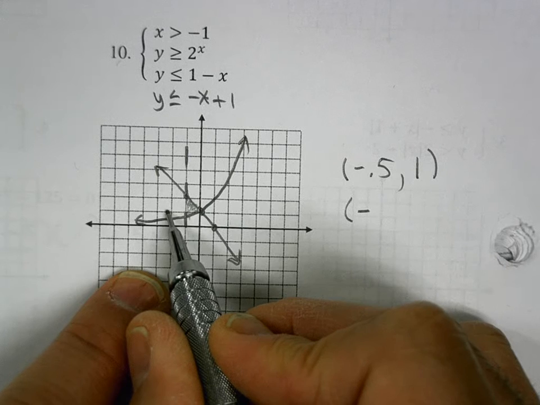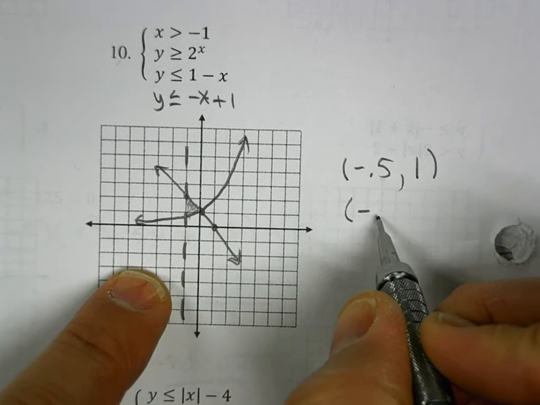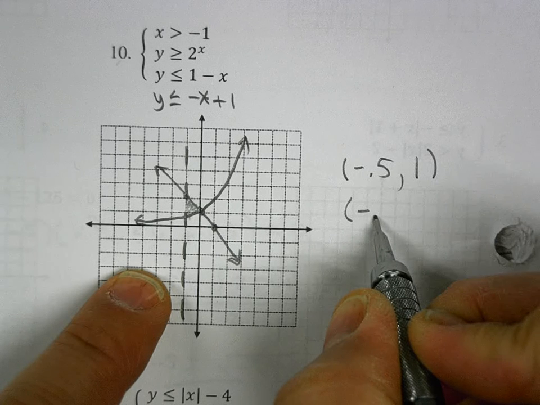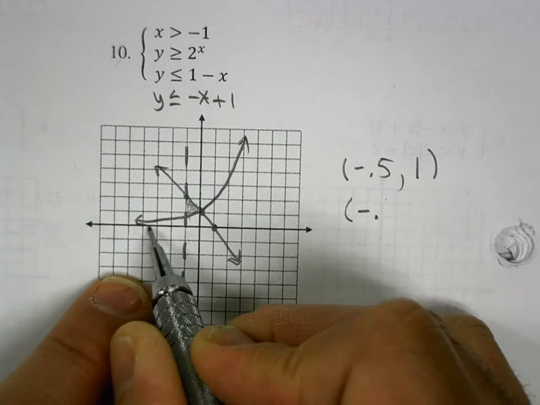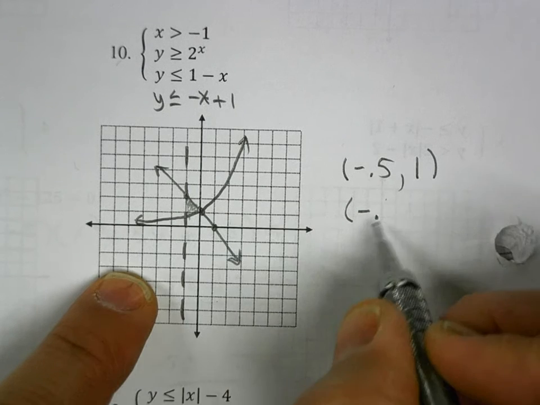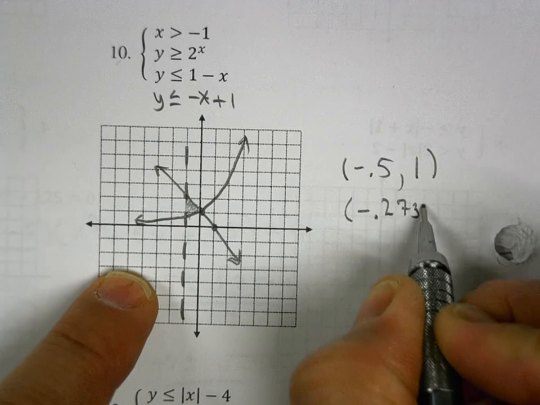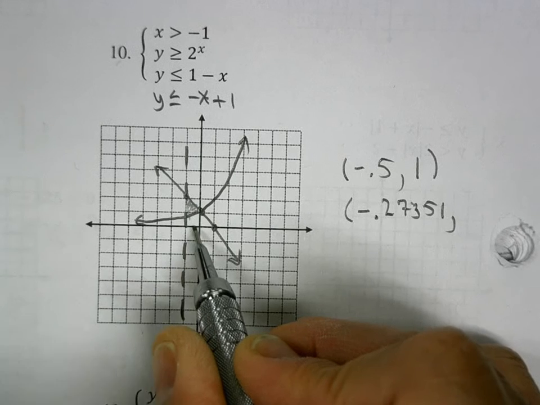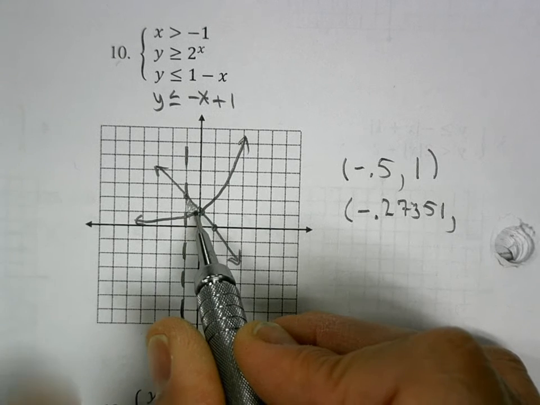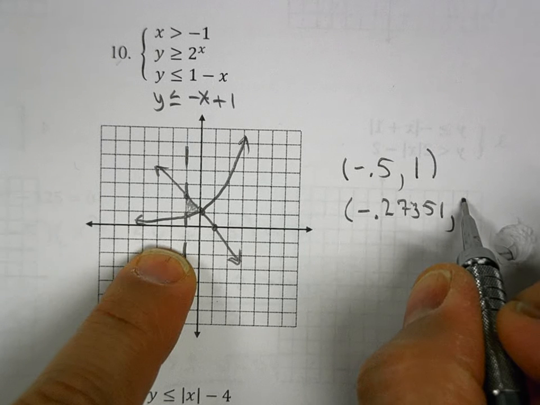Right, it's not in the shade, because it stops right there, right? Well, -2 is over here. How about -0.27351? So that's kind of close there. I don't know. What do you think? Okay, well, let's go up. How much?